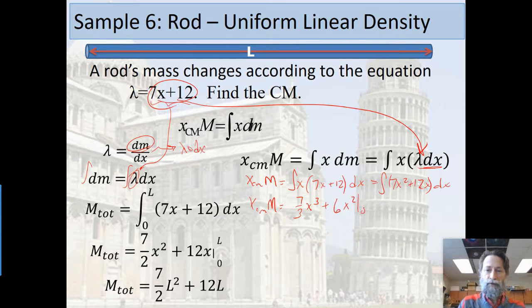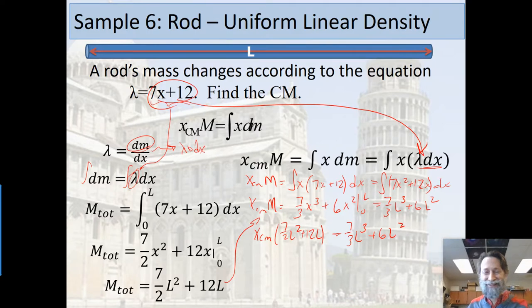And this is going to be from 0 to L, which is going to give me 7/3 L cubed plus 6L squared. Now on the right side, I'm going to resubstitute my m back in and say the x center of mass times 7 halves L squared plus 12L equals 7/3 L cubed plus 6L squared. And boy, isn't this fun.